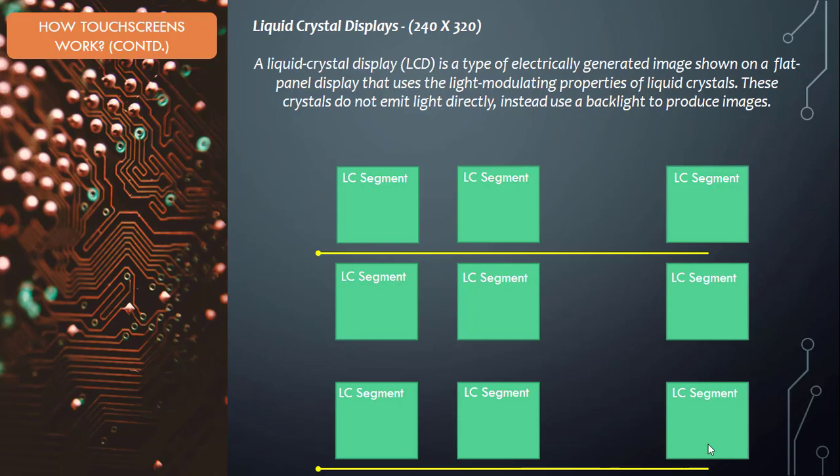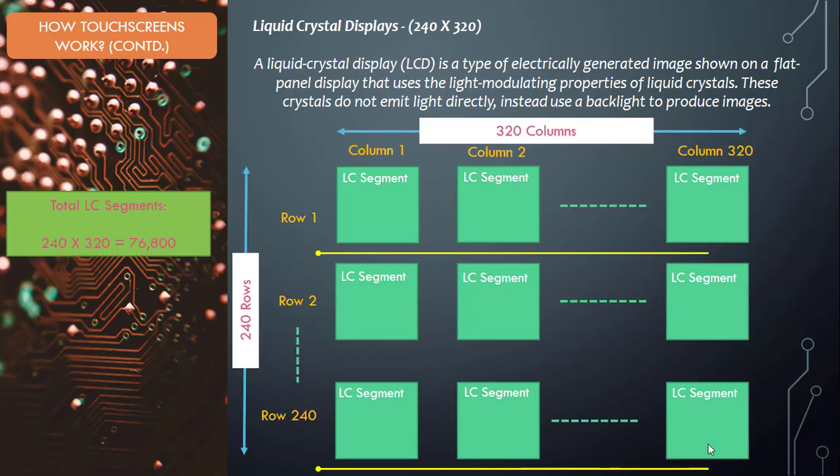I'll tell more details about it, but I want you to focus on this configuration on the screen right now. These LCDs consist of an array of liquid crystal segments. Since our LCD has a resolution of 240 by 320, we have a total of 76,800 liquid crystal segments.